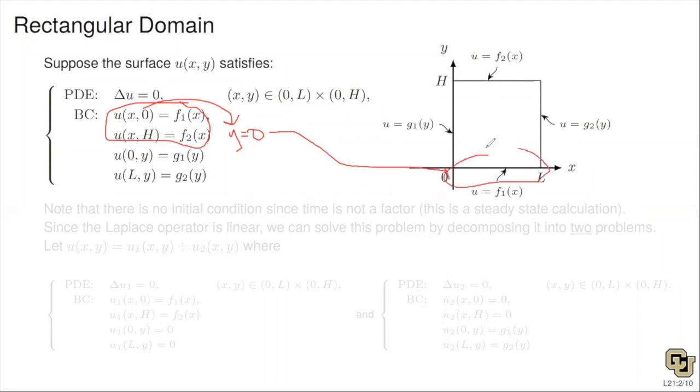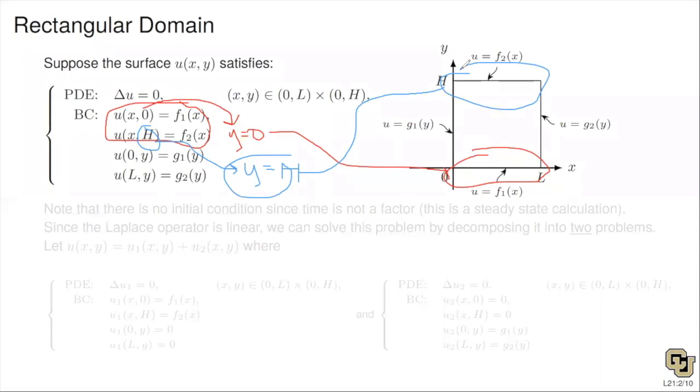And so when y equals 0, our boundary condition there is u of x comma 0 equals f1. And it's purely a function of x there. And similarly here we have when y equals h. So that's the top boundary up here.